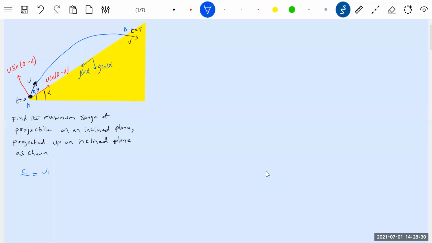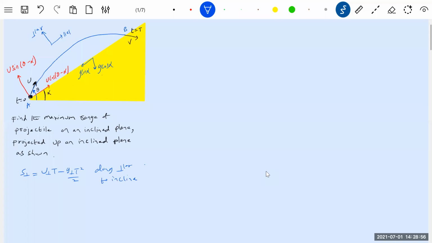Displacement perpendicular to incline must be 0. S perpendicular equals u perpendicular t minus half g perpendicular t square. This will be parallel, this will be perpendicular.